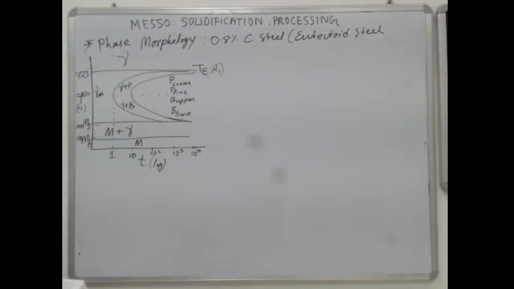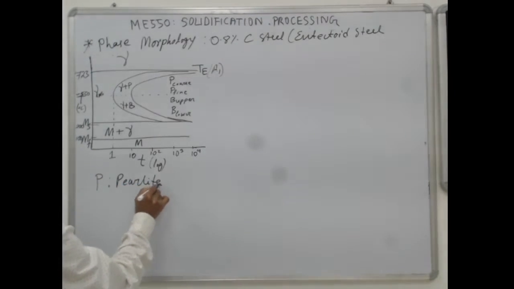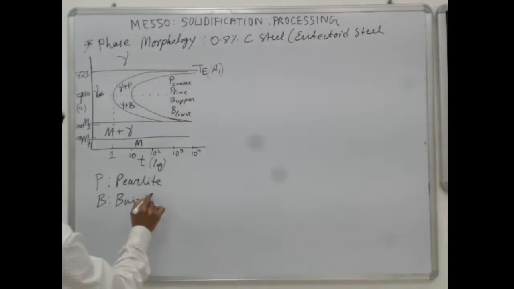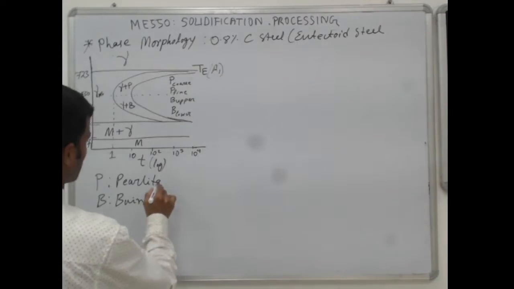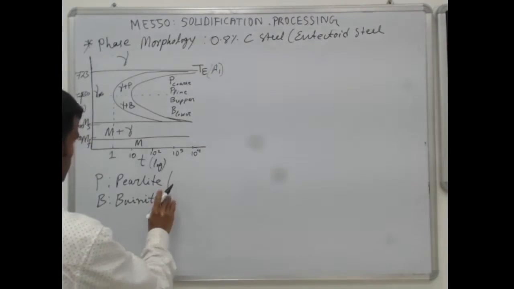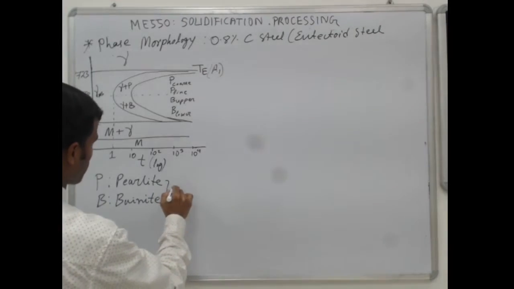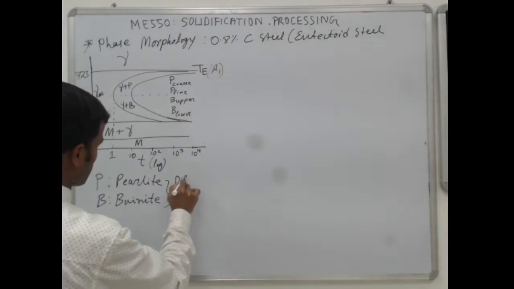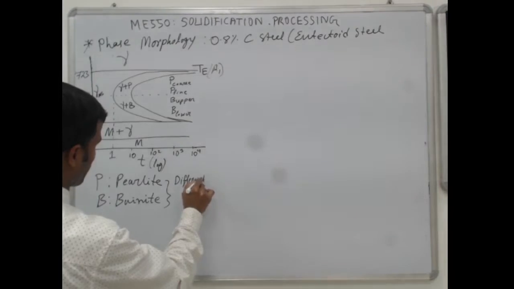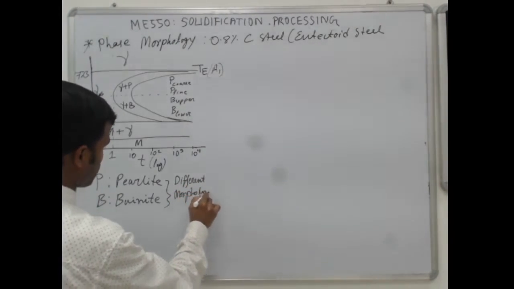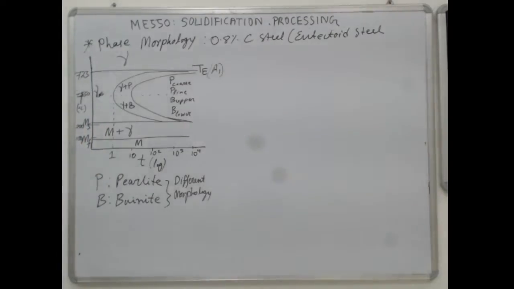So P is pearlite, B is bainite. Pearlite and bainite, the only difference is morphology. So that we will be discussing right now.